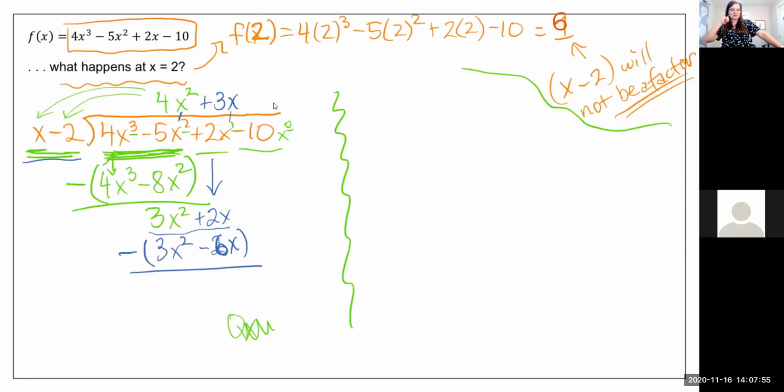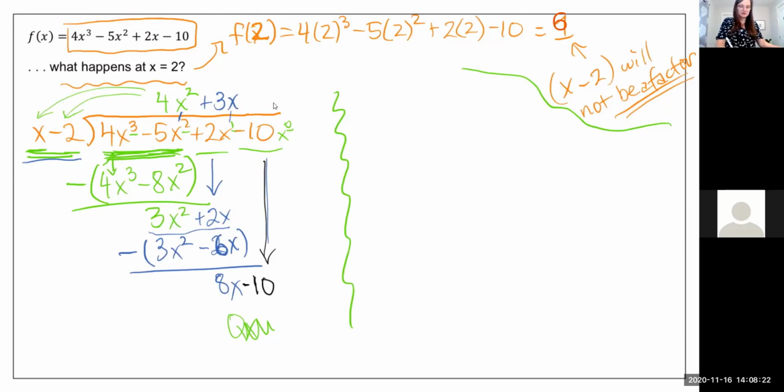Now let's double check that that's all good there. Yeah, the 3x squares disappear, so that's gone. And then the 2x minus the negative 6x is going to be 2 plus 6, which is 8x. And then now I'm going to drop the last one, say in black.